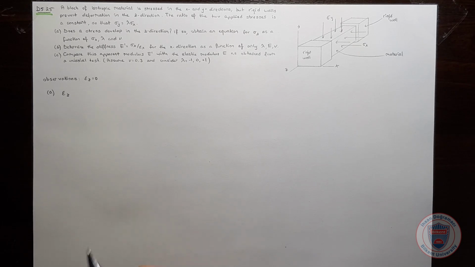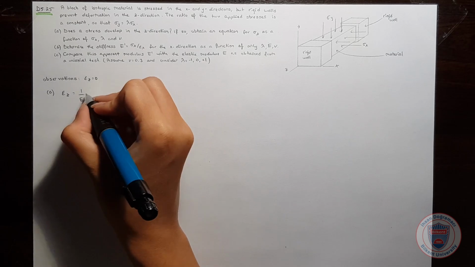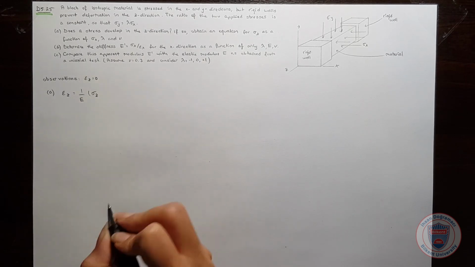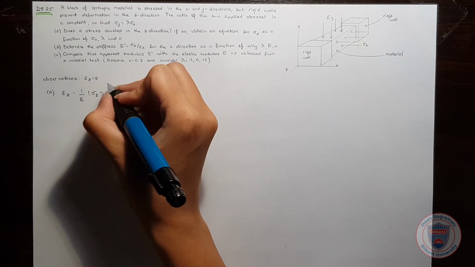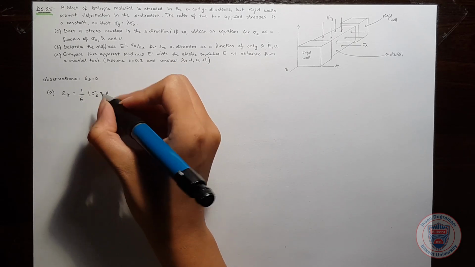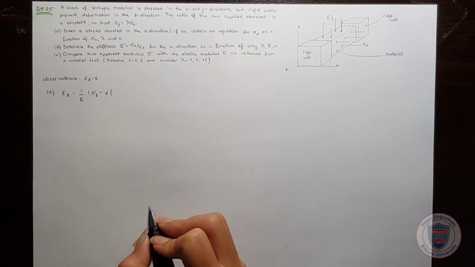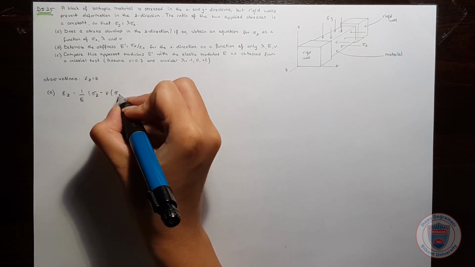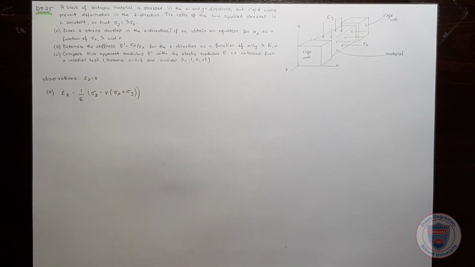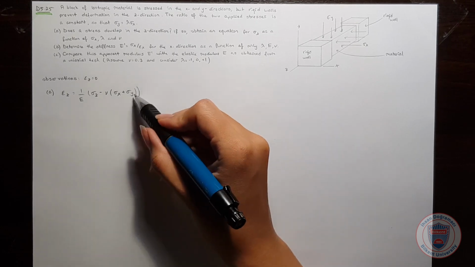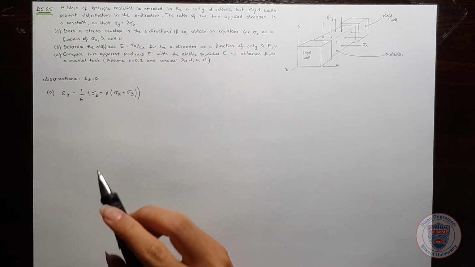Using generalized Hooke's law, we know that epsilon z is equal to 1 over E times sigma z minus Poisson's ratio times sigma x plus sigma y. And we know that sigma y is lambda times sigma x.